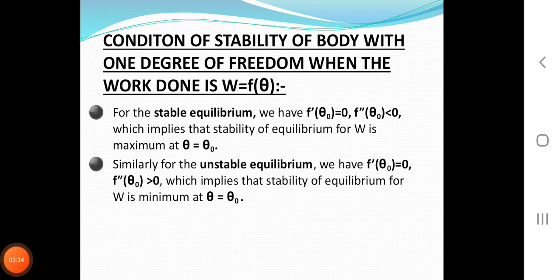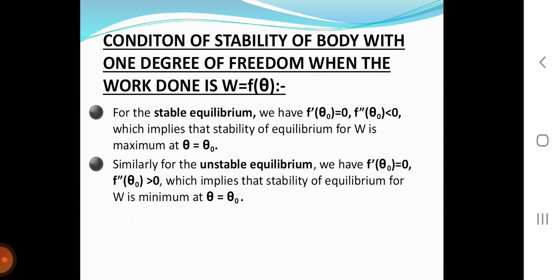Now, the conditions of stability of a body with 1 degree of freedom when the work done is W equals a function of theta. For stable equilibrium, we have F dash theta naught equals 0, F double dash theta naught less than 0, which implies stability of equilibrium for W maximum at theta equals theta naught.